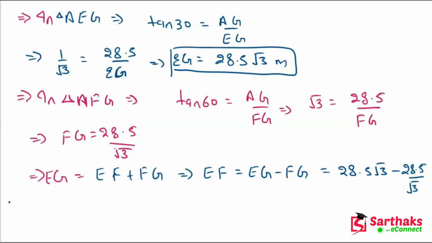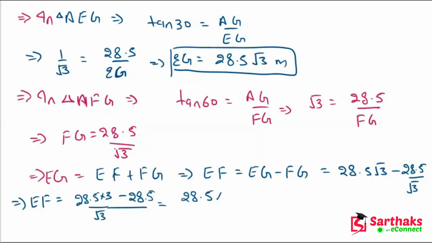Okay, now the value of EF is, root 3 times 28.5 into 3 minus 28.5. If we take the common, we get 28.5 into 2 divided by root 3.